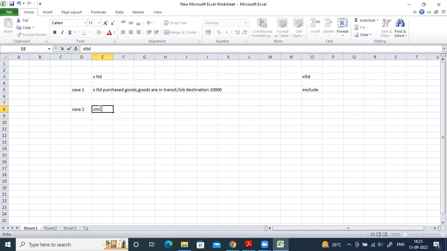X Limited sold goods. Goods are in transit and it is FOB destination. Now, what will be the answer, guys? In the books of X Limited, do we need to include or exclude? Include, sir.